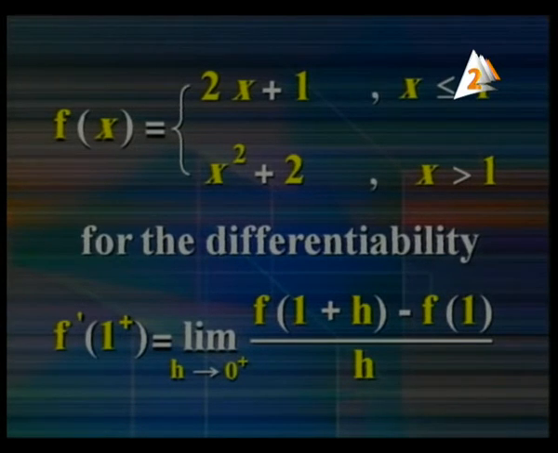Second branch. Why? Because x is more than 1. f dash of 1 positive, remember, we substitute about the second branch, x power 2 plus 2. Why? Because in this case the domain is x more than 1. And we find f dash 1 positive.